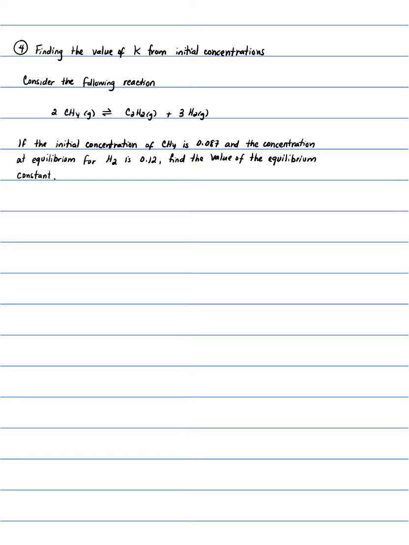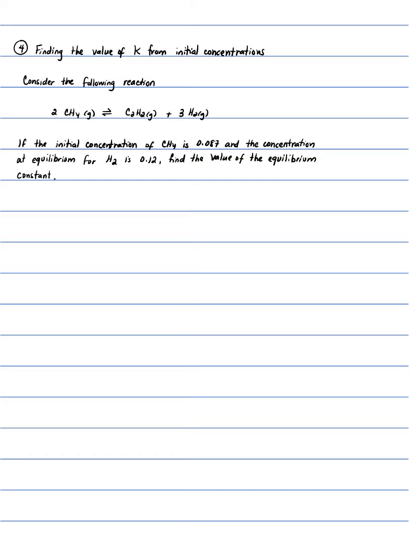Another thing, in this problem, remember in the previous example, you had a numerical value of K, 1.67 times 10 to the minus 7. So based on that initial numerical value of K, we made some assumptions, right? Like the concentration at equilibrium is going to be equal to the initial concentration.